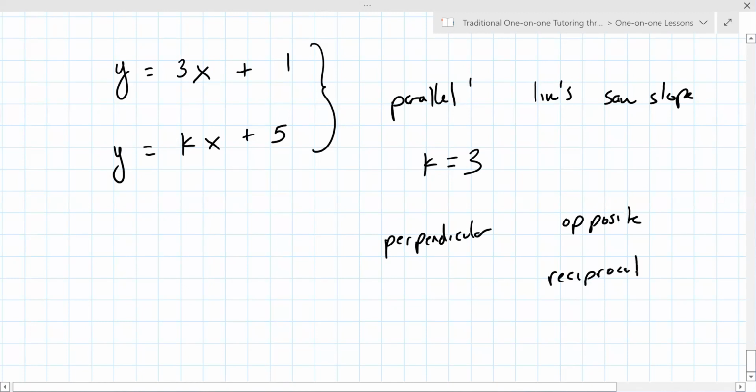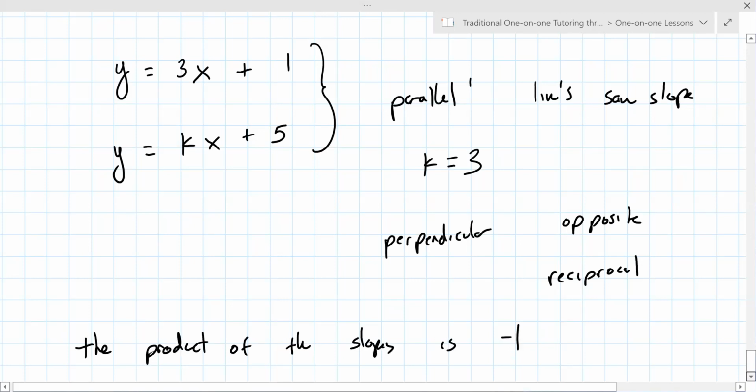Okay. What's awkward about this is you're not used to there being a letter here, but another way of looking at this, which is actually the correct way to do it, is that the product of the slopes is -1.